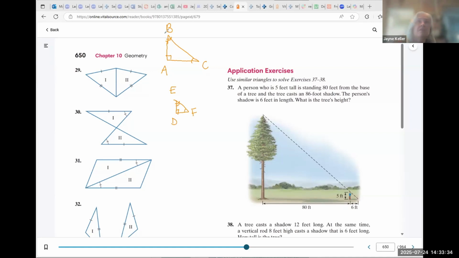So if I take a side from this triangle opposite angle C and compare it to one from this one opposite angle F, it's going to be the same ratio as the sides opposite, say, angle A. In my ratios, a side from triangle ABC is going to go in my numerator, and a side from triangle DEF is going to go in my denominator.